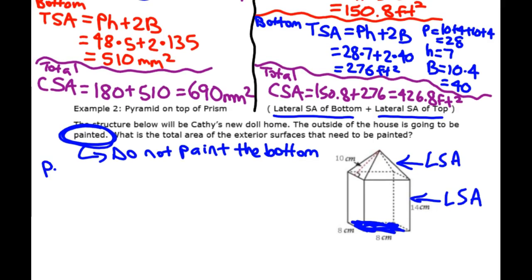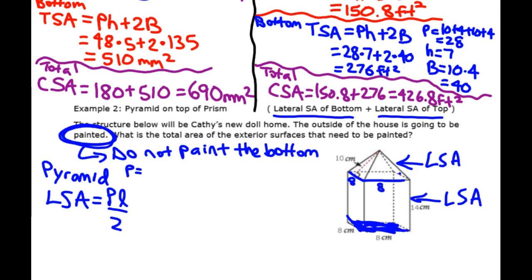So for the pyramid on top, LSA, how do you find the lateral surface area of a pyramid? On our formula charts, PL over 2. Now let's find the perimeter of the base. The pyramid's base matches the prism's base of 8, 8, 8, 8.